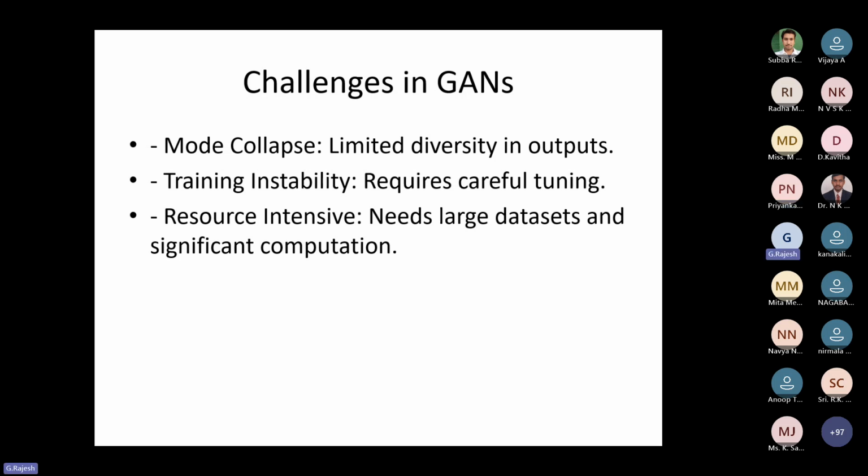So this is what we discussed in the previous slide. In GANs, as it tries to focus on certain areas in the learning methodology, the diversity of the output is lacking. And when it comes to training, the tuning is what is important: how to train your discriminator, and what logic goes into the discriminator in making the end product better and better.